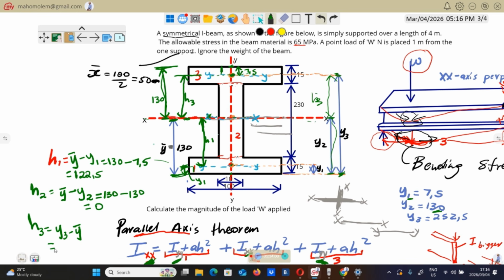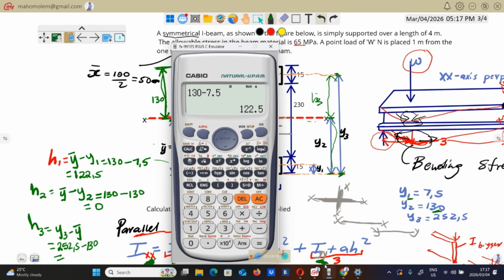So y3 is 252.5 minus y bar, or y2. Y bar equals y2, which is 122.5.